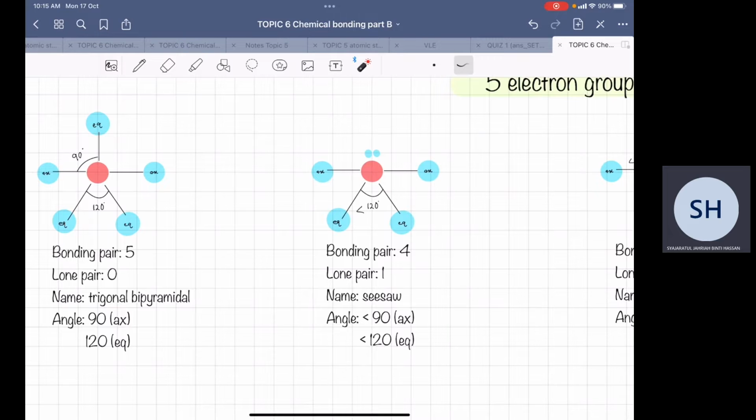3 berada di equatorial. That's why I write here equatorial. Yang 3 dekat tengah-tengah ni, arrangement dia ialah 120 degree away. Dapat bayangkan tak, dia 3 dekat tengah-tengah tu. And then we bring it to the side, outward, downward, atas dan bawah. This is 90 degree away.